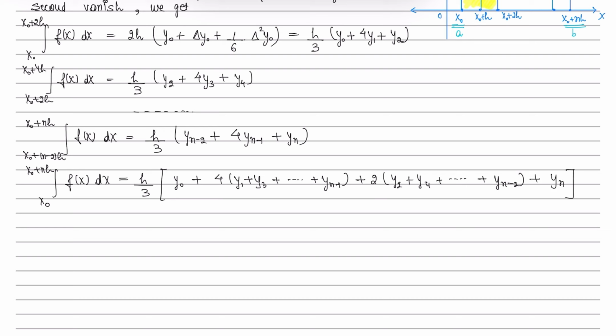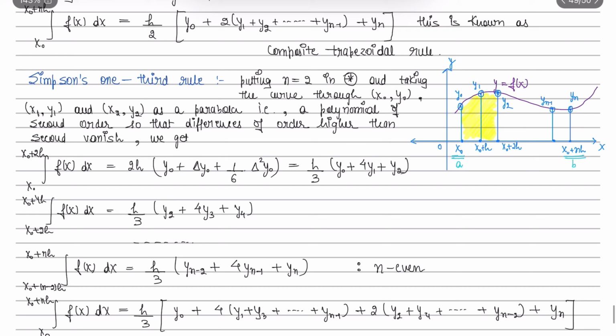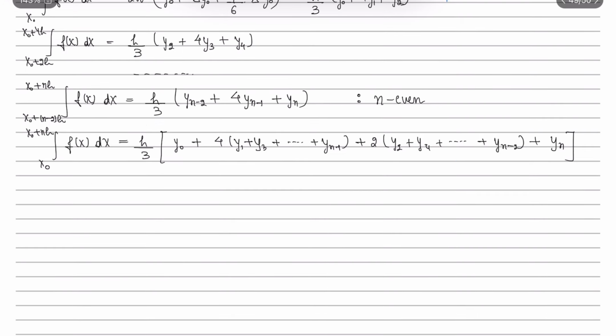Since we are already given that n will be even. Why? Because we will be dividing our interval with respect to two strips collectively. So n must be even here, otherwise we will be left with a single strip. And when n is even, automatically n minus 1 will be odd and n minus 2 will be even.